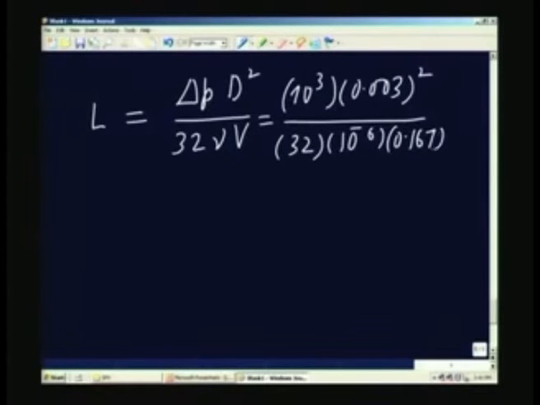These are the values which you already determined. This will be so many meters, and if you work it out, it comes to 1.68 meters.